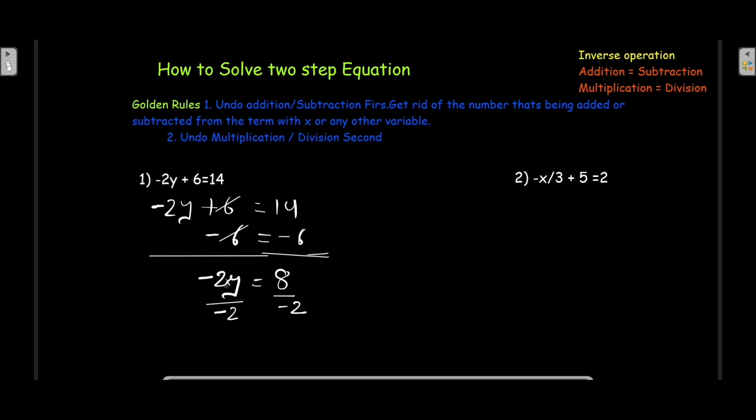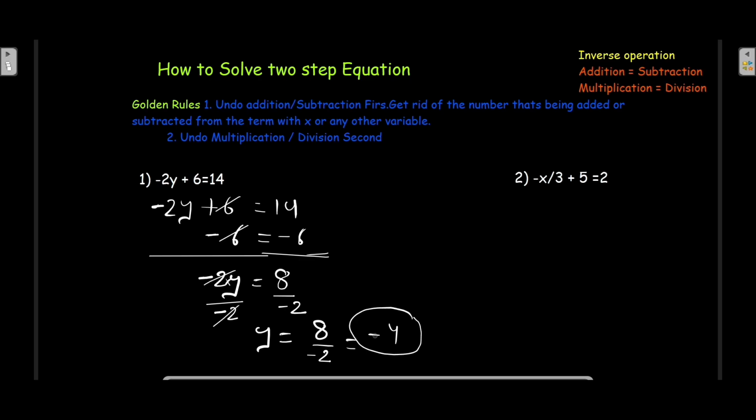So if we divide here by -2, -2 and -2 will cancel out each other. So here y is equal to 8 divided by -2. If we divide 8 by -2, it will give us -4. So -4 is our correct answer here.